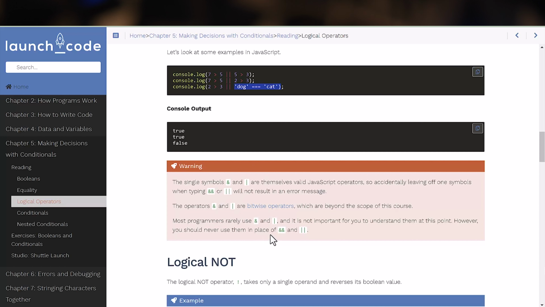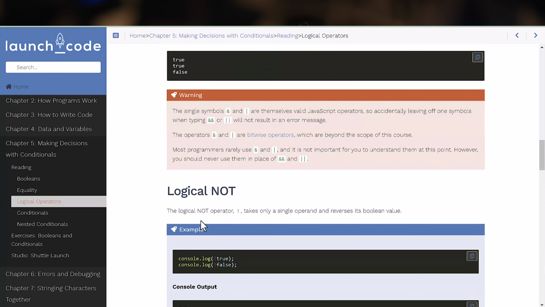The single and and single pipe operators are bitwise operators, which are beyond the scope of this course. Most programmers rarely use single and or, which I have to admit I've never run across since I've worked on enterprise applications. This is probably going into some deep algorithms, some stuff that I don't even know.